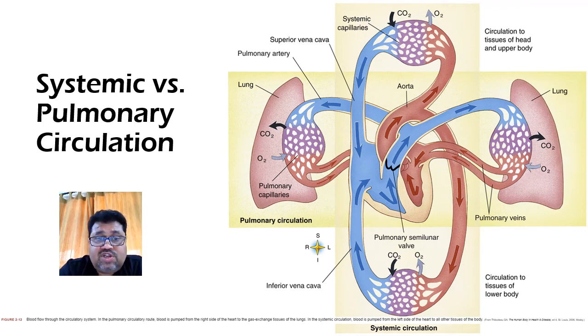In the systemic circulation, oxygenated blood is ejected out of the heart and flows through the aorta into the systemic arteries. These arteries branch into smaller blood vessels called arterioles, which further branch out into smaller vessels called the capillaries, and the capillary is the primary site where the exchange of nutrients and gases takes place.